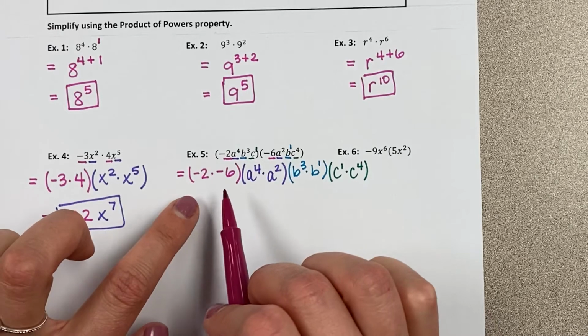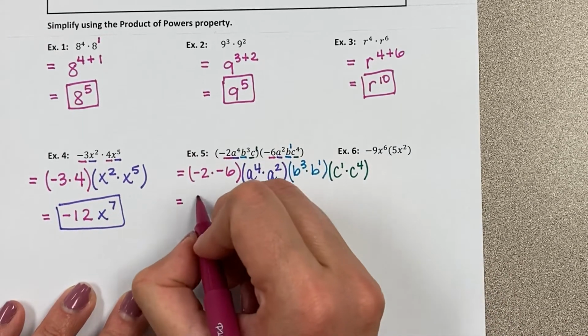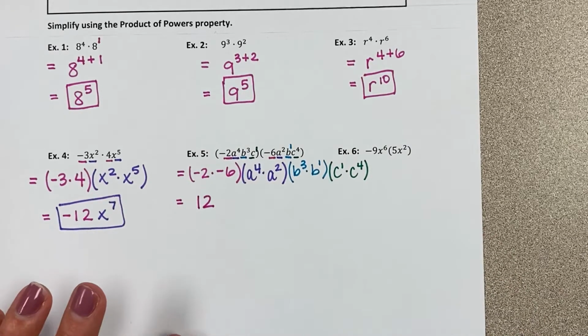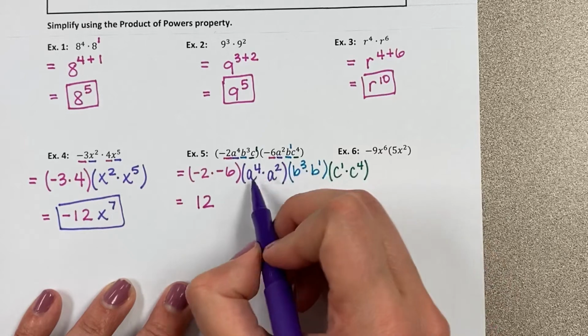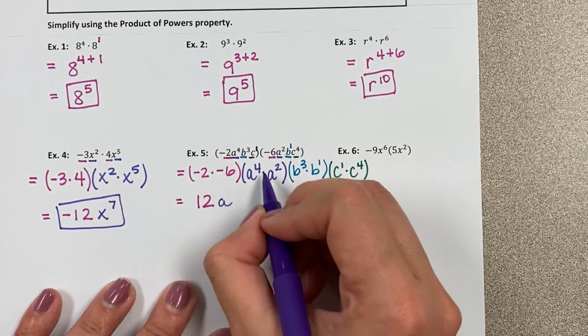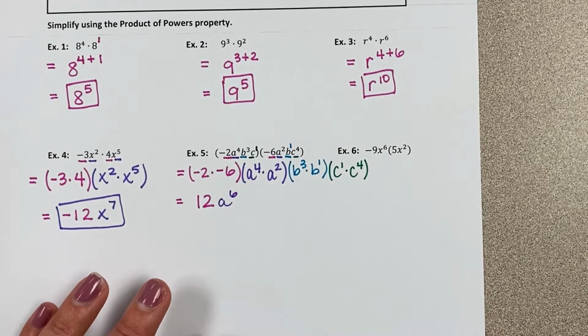Okay, we're going to simplify these. I'm going to start here. -2 times -6 is +12. A to the 4th times a squared, same base: 4 plus 2 is 6.